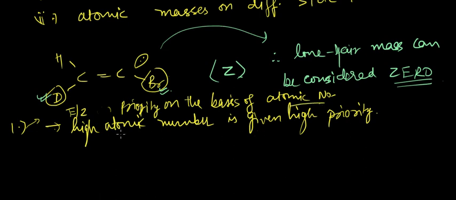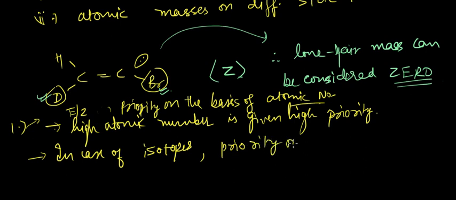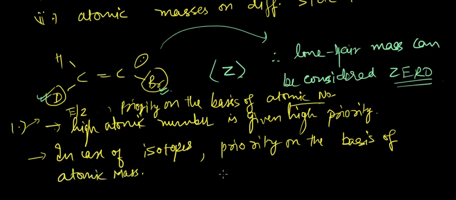I'll give you an example as to where we need to see this priority rule. In the case of isotopes, priority is on the basis of atomic mass. Hence T's priority would be greater than D and then H, and obviously O18H would be given more priority than OH.